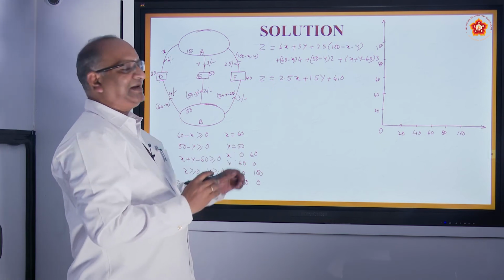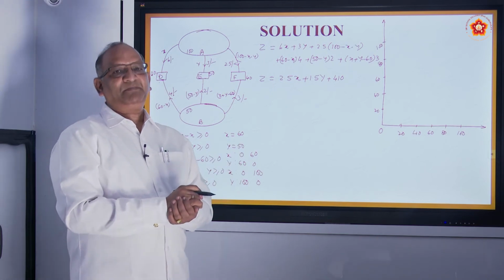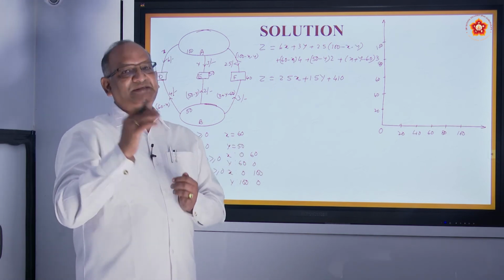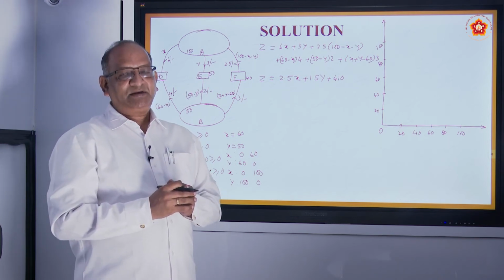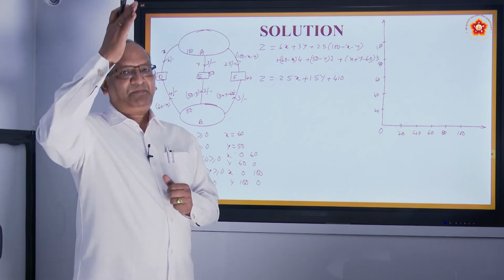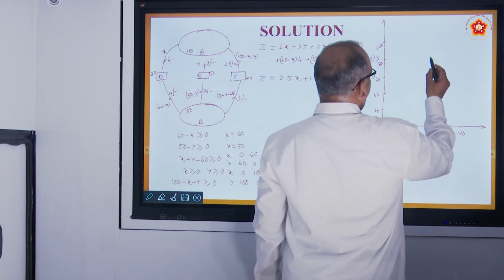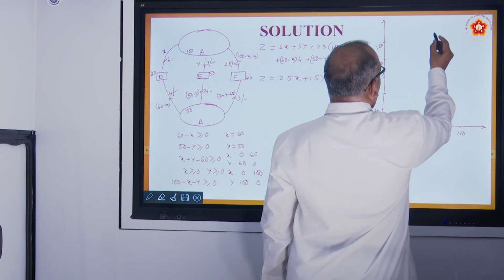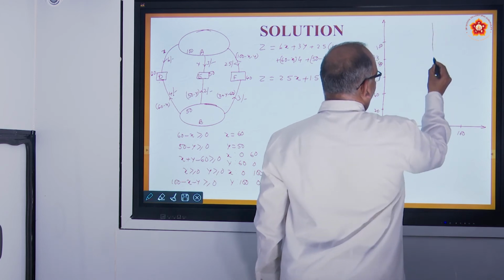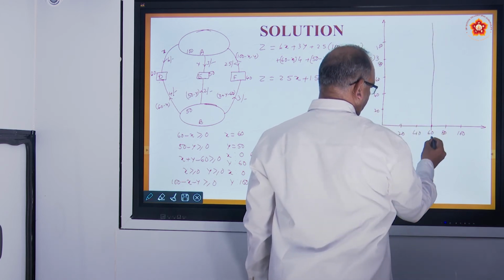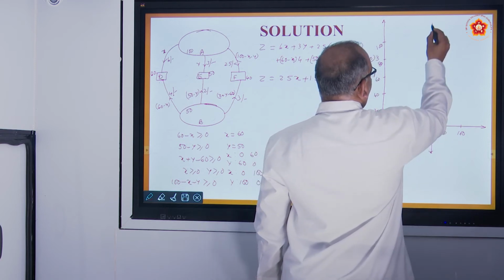The first one is x equal to 60. What do you mean by that? X equal to 0 is the equation of y axis. So, x equal to 60 is a line parallel to y axis at a distance of 60. So, this is 60. So, you can draw a line. What this line represents?